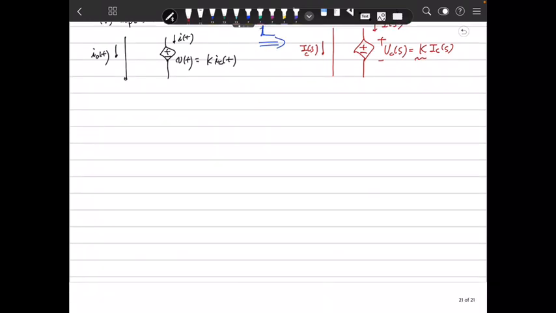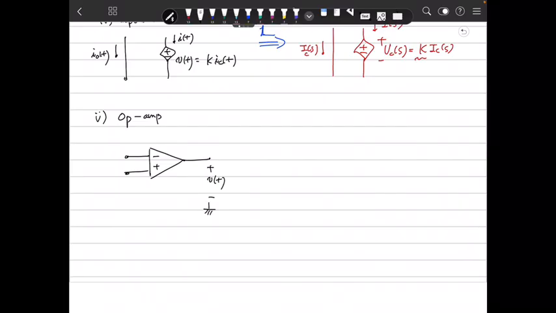How about the op amp? For the op amp, we can use the same topology, the same approach. You know that if you get the op amp here, then there are inputs and outputs, and this voltage is v(t).